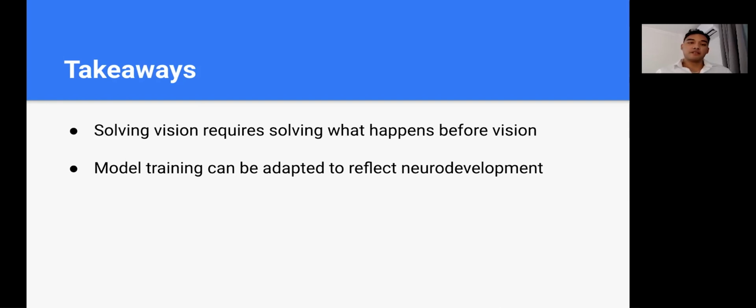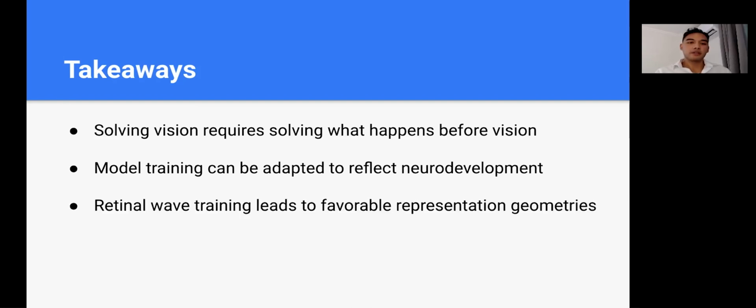Again, adopting the perspective that nature did it, so there must be some model out there that captures what nature does. And then finally, training with retinal waves leads to these favorable representation geometries as the data is transmitted throughout the visual stream. And varying how these retinal wave patterns are and varying the learning rules probably have implications for what it does to the data manifold geometry.